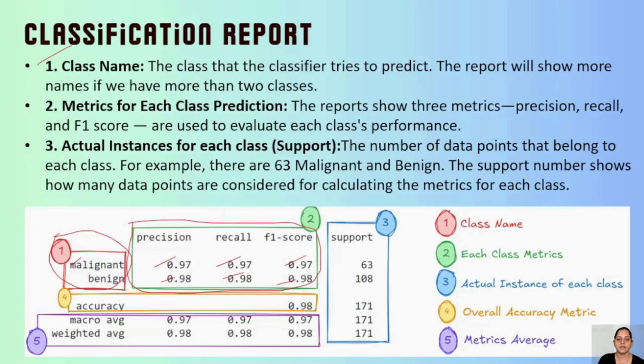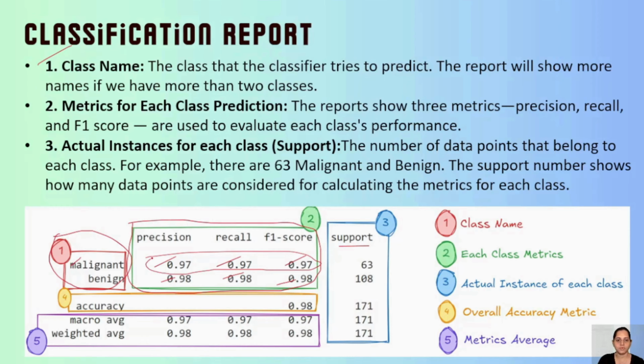Then if we go ahead to 3, that means the actual instances for each class, or support. How is my support getting calculated? It tells the number of data points that belong to each class. For example, to calculate these scores, precision, recall and F1 score, just take the first one.